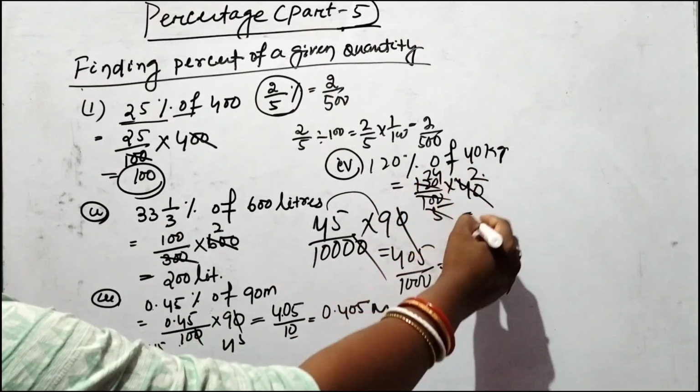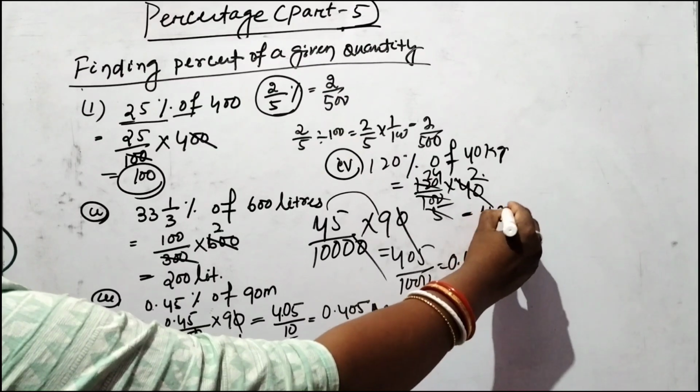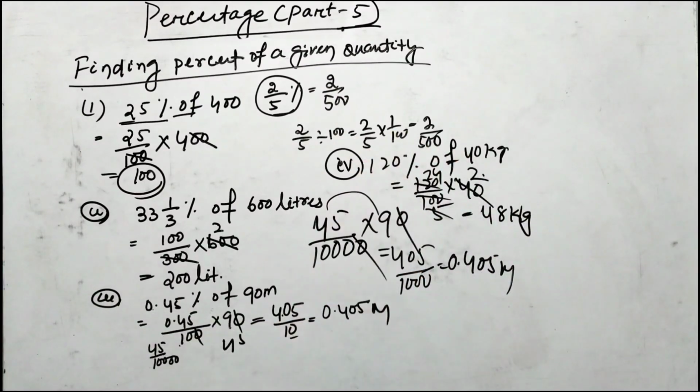So that means 24 into 2, it is 48 kg. So 100% is 40 kg, and 120% is more than 100%, so your value is also more than the given quantity. In this way you can find out the percentage of a given quantity.